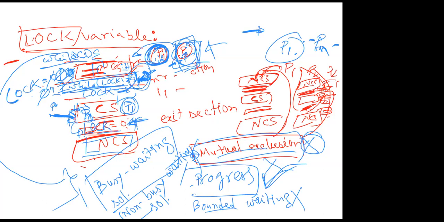It is not a part of your main program. This is for the entry section. So your CPU needs to execute this while loop again and again, once it's scheduled by the operating system to the CPU. So this is a busy waiting solution.